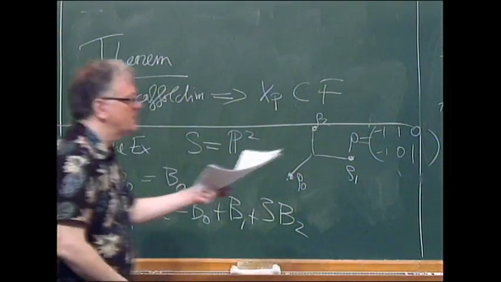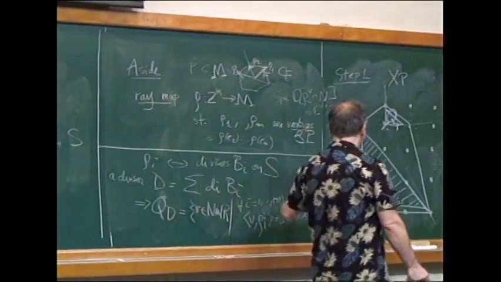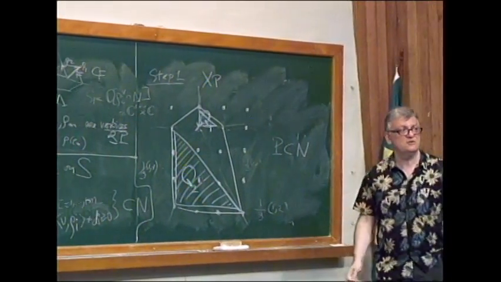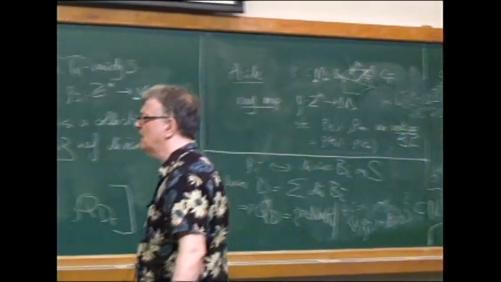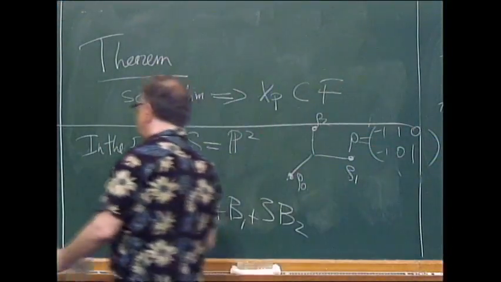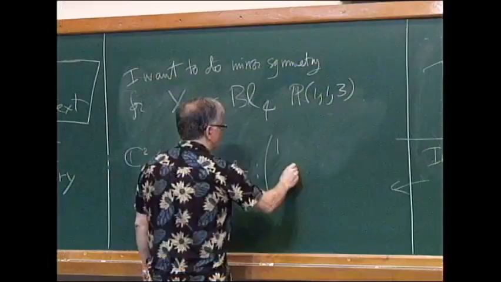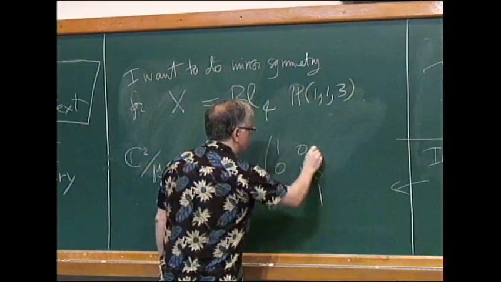And if you calculate the Q polytopes using this prescription, these are the Q1 and the Q2 you get out of it. And so F then, the ray map for F turns out to be this thing.